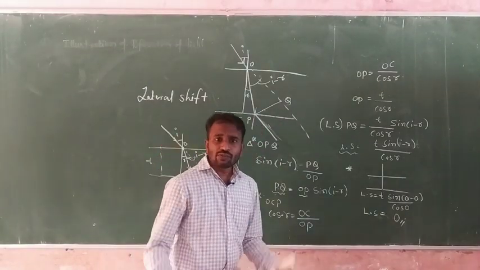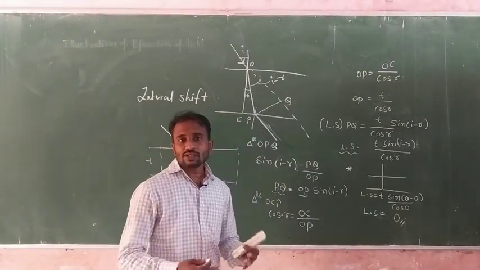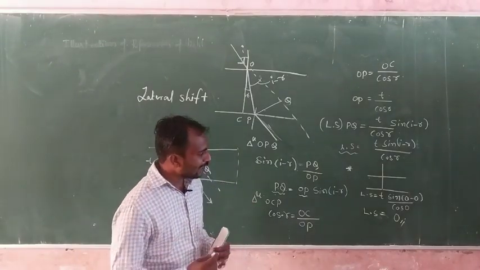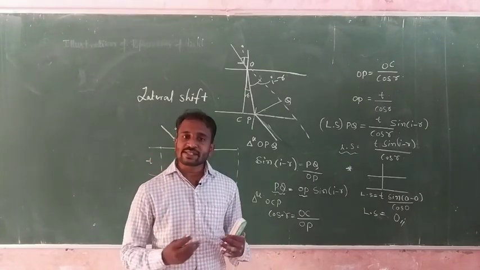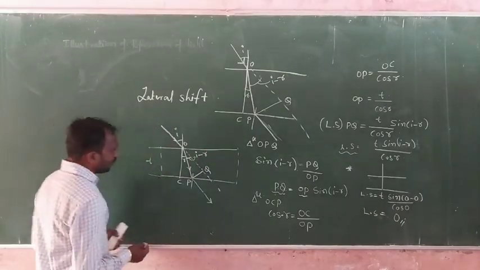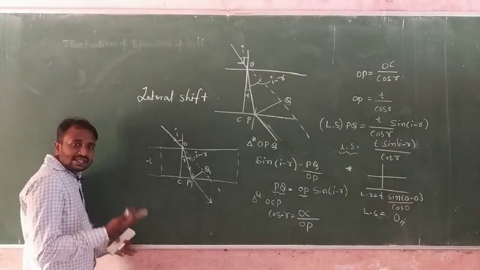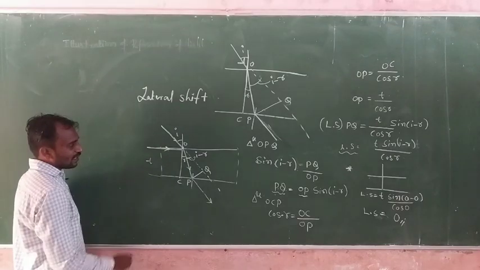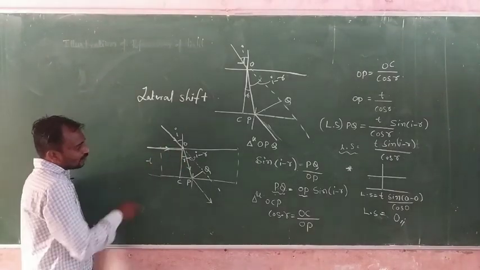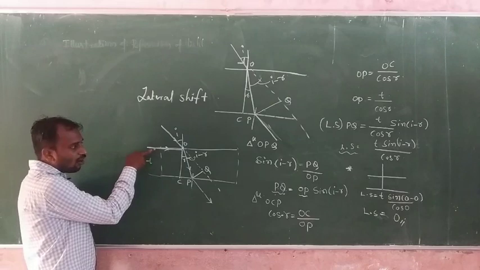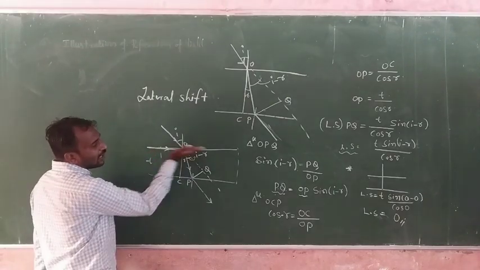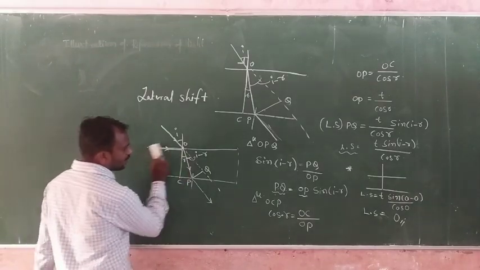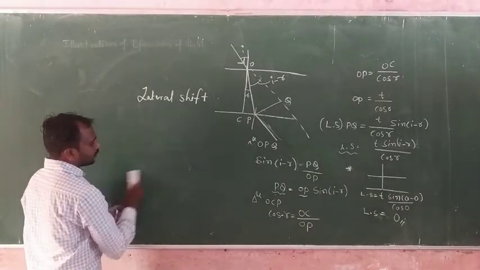Another one: we want to find the lateral shift value for a grazing angle. For a grazing angle, the lateral shift is a maximum. Suppose this one is an incident ray. This incident ray is along the first refracting surface. Then this light ray is refracted.